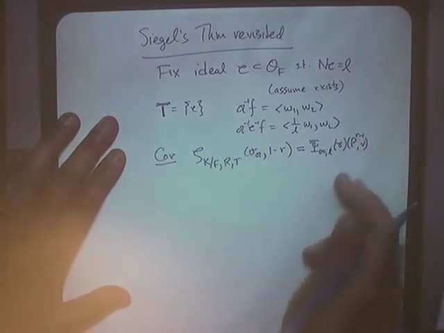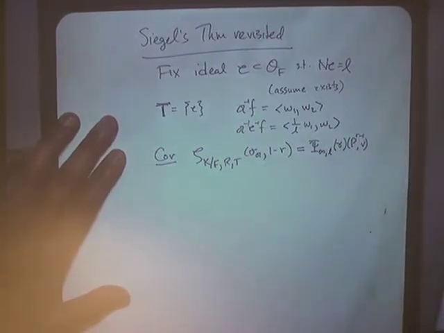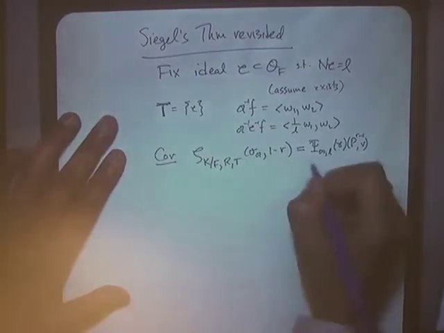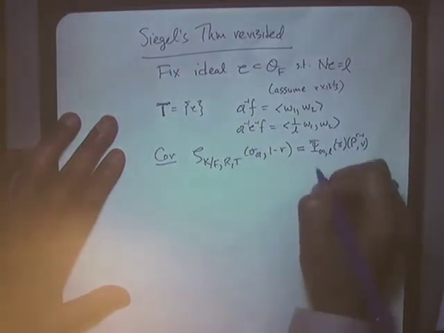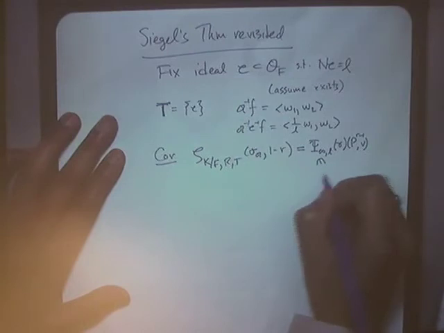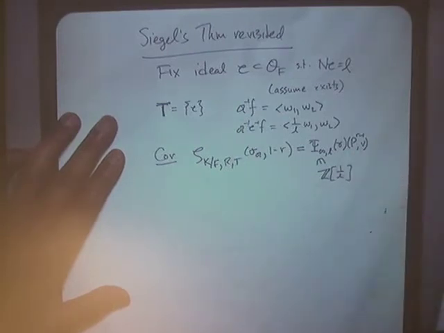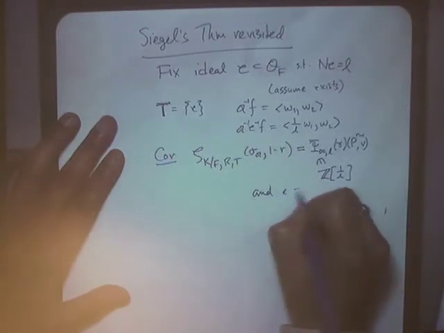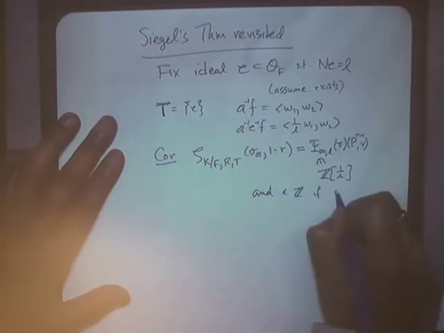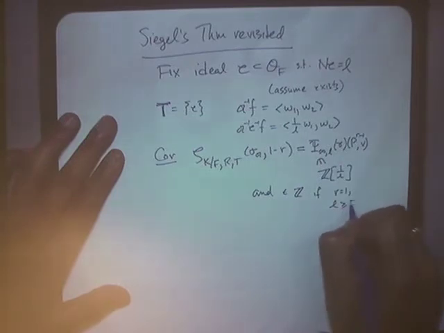But the corollary that you get from the theorem is that this value actually lies in Z bracket 1 over L, because it turns out you can show that P and V have these desired properties that you want. Okay, and it's in Z if R equals 1 and L is greater than or equal to 5.